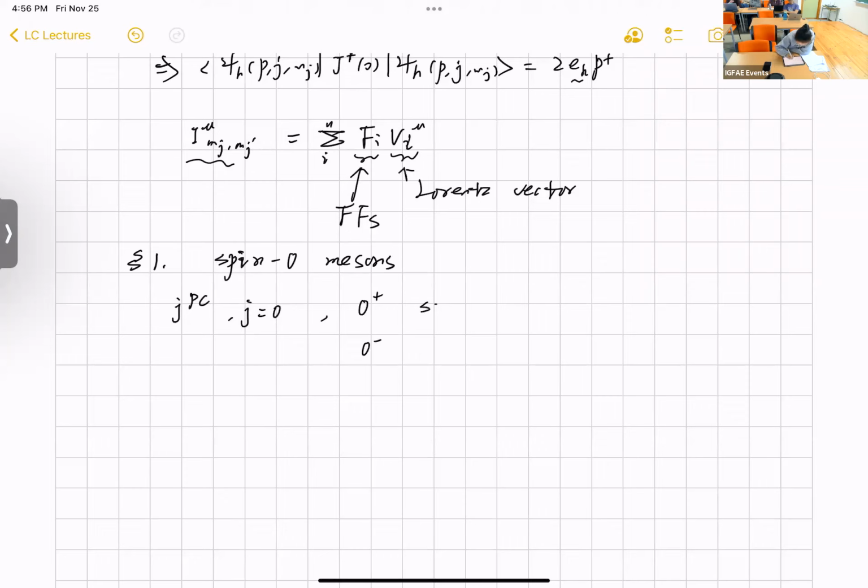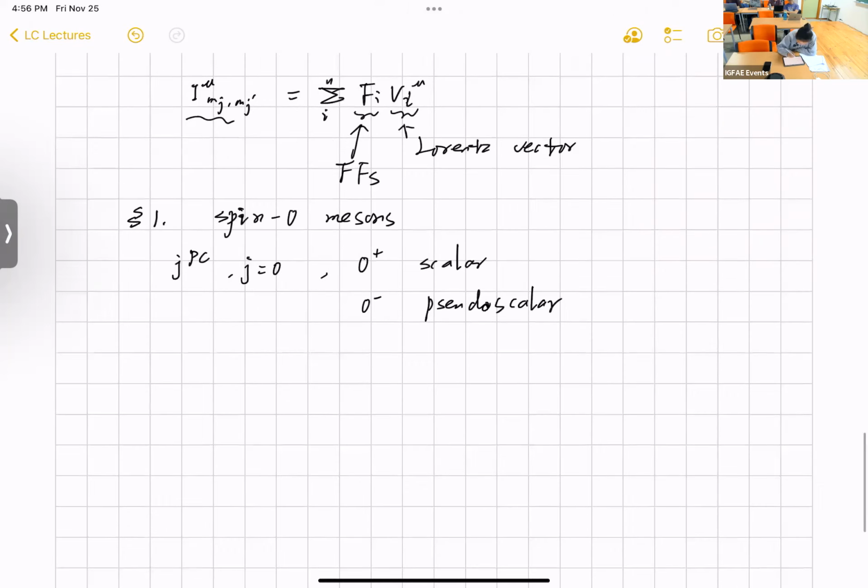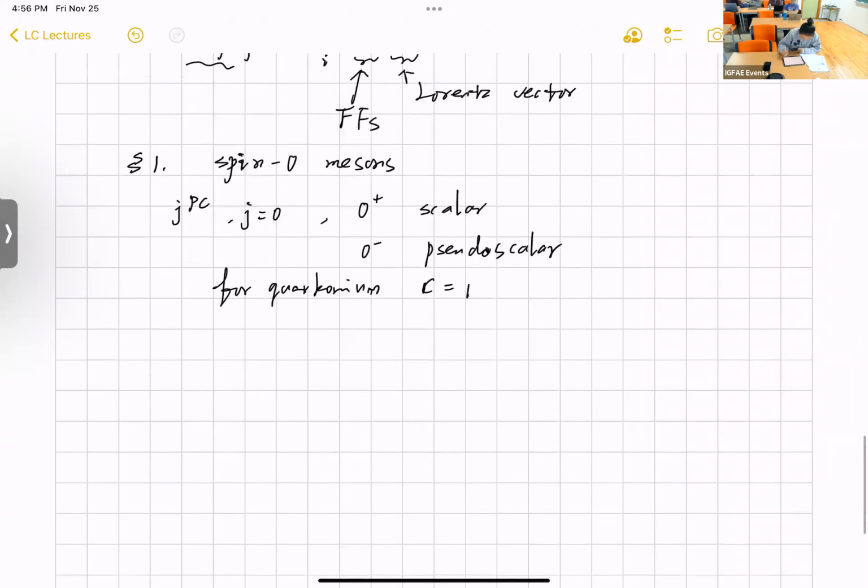If it's plus, this is the scalar, and the minus ones are the pseudo-scalar. These are for the mesons, and especially for quarkonia there's an extra symmetry of charge conjugation. For a J equal to 0 particle, the charge conjugation is always 1. So those are the spin zero mesons.